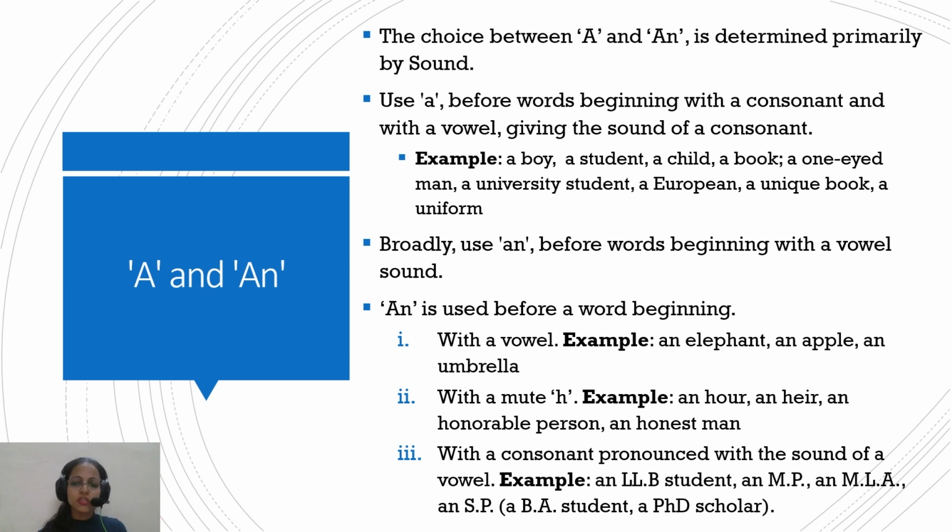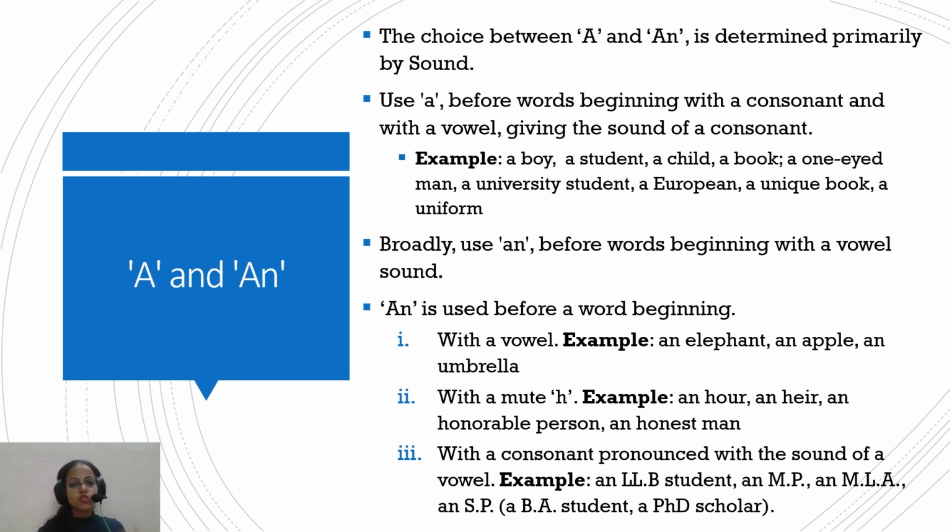So: a university student, a European, a unique book, a uniform. These are not sounding like the U in umbrella, which is how U is supposed to sound as a vowel. When it is sounding like a consonant, it has to have "a" as an article.